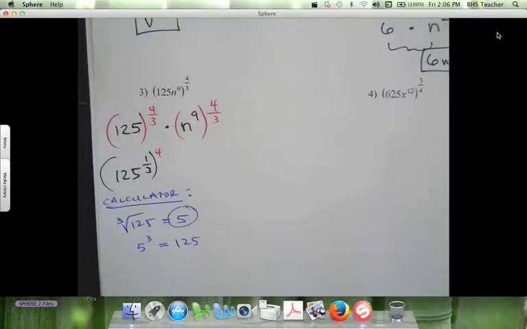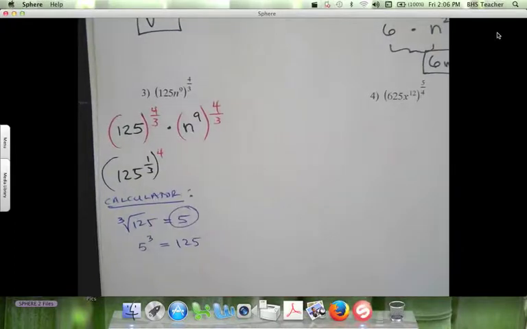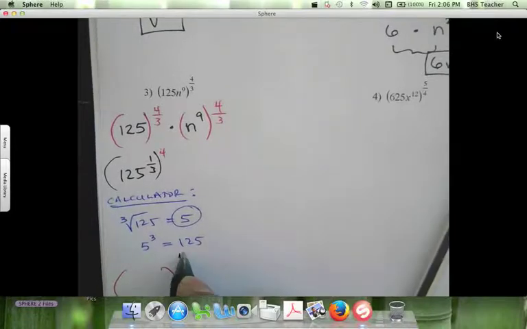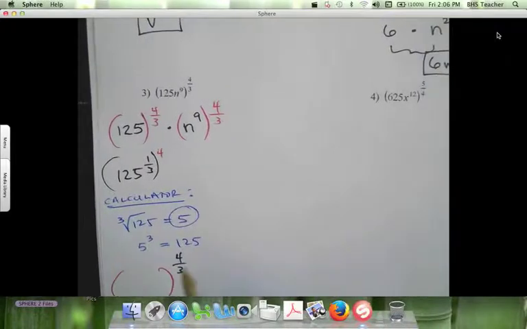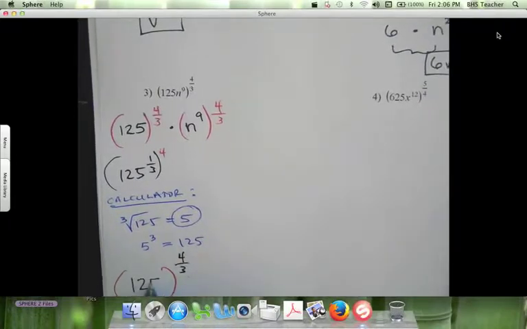So what I want you to do here is, again, let me just write this over again. So I have the 4/3. We want to keep it like this. It's actually easier. I found the cubed root of it. And instead of this 125, I'm just going to write the whole problem again.